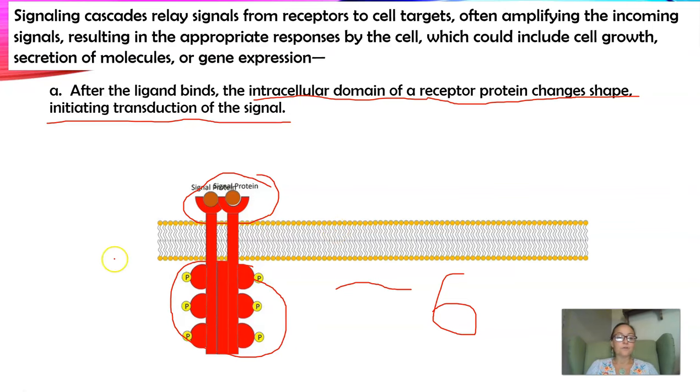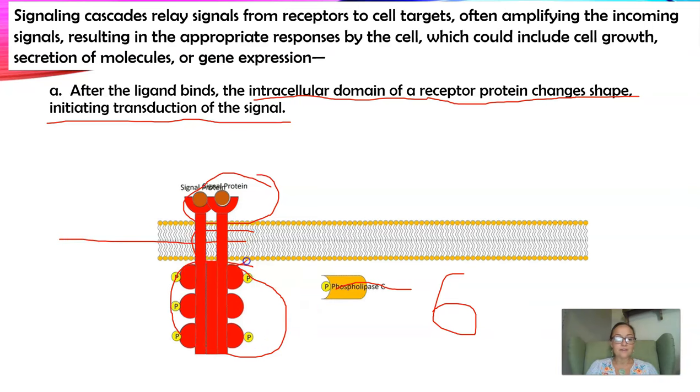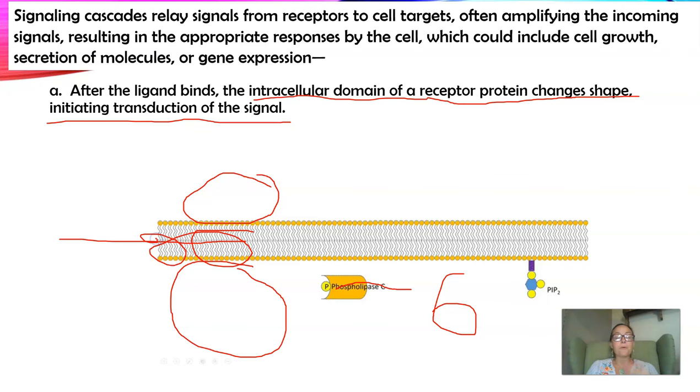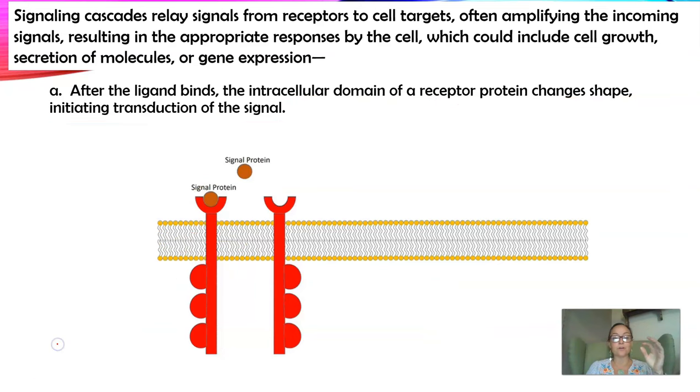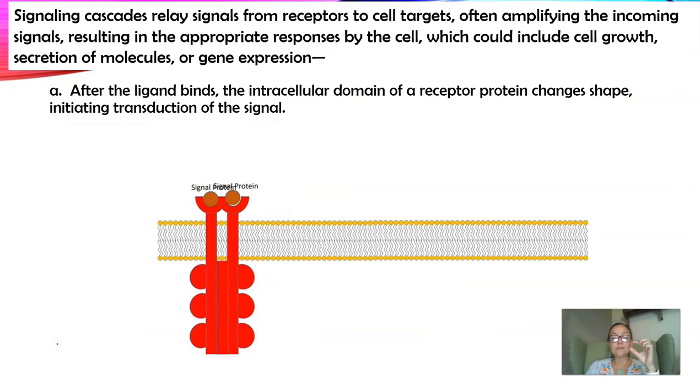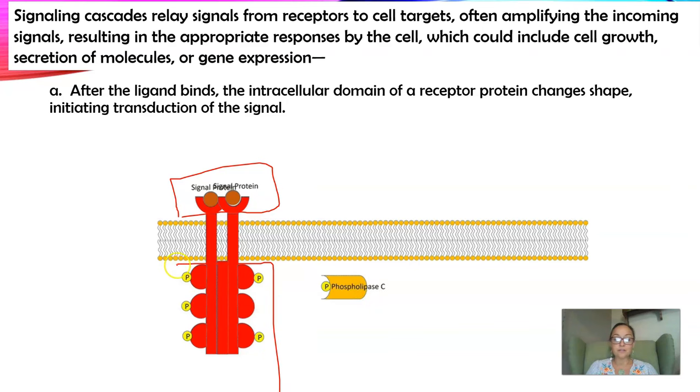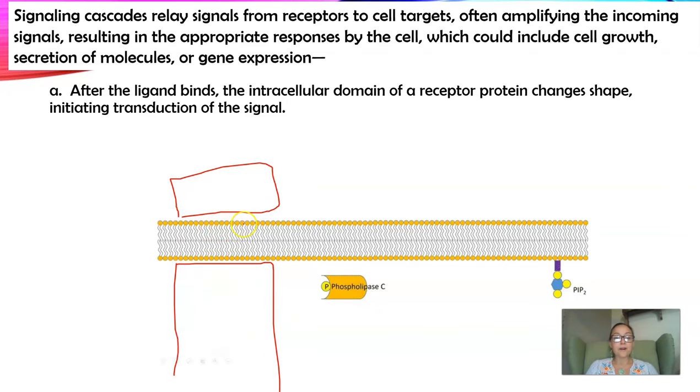Okay, so then this area right here is the part of the receptor that spans the membrane. So that's going to be your transmembrane region of that protein receptor. So again, this is the extracellular domain outside of the cell. Here's your intracellular domain. And the part that is right here is the transmembrane region.